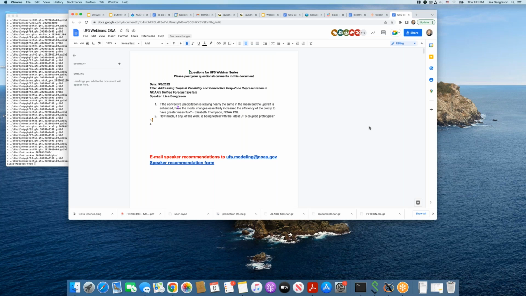But because it's a rather small increase, what we see is the model responding to that, and that's why we don't see a systematic enhancement of convective precipitation. I think that's what you're asking. So my answer is essentially, had I had a larger increase to the mass flux, then we would have seen an increase in the mean subgrid convective precip.